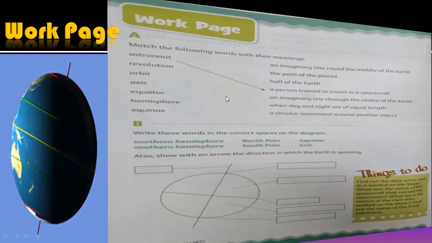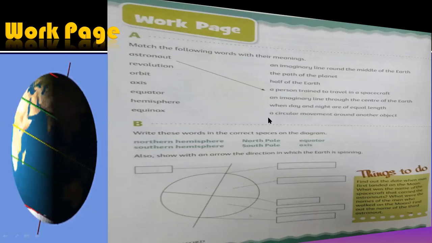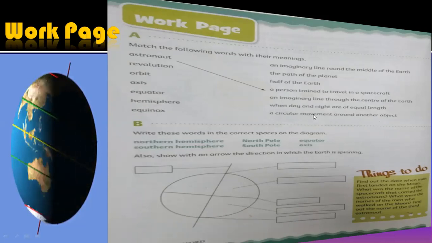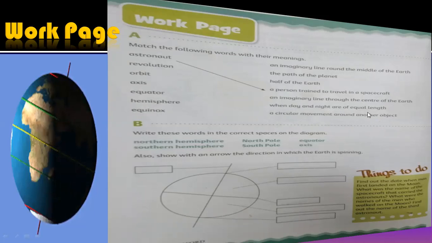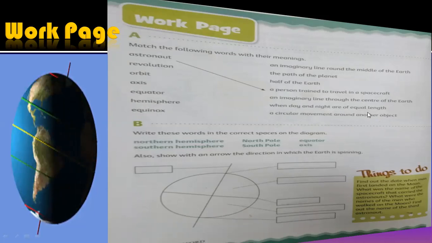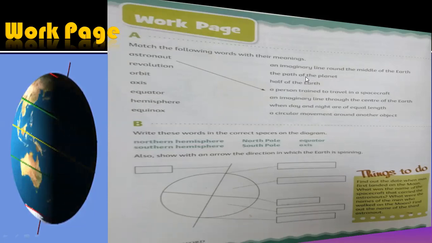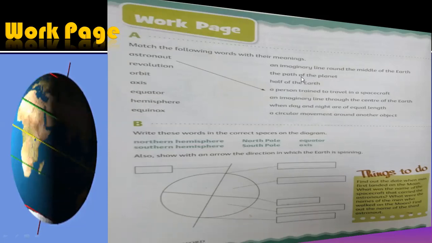The last one: a circular movement around another object, like Earth. Orbit. Number third, the path of the planet. These are the invisible and imaginary lines around the sun.